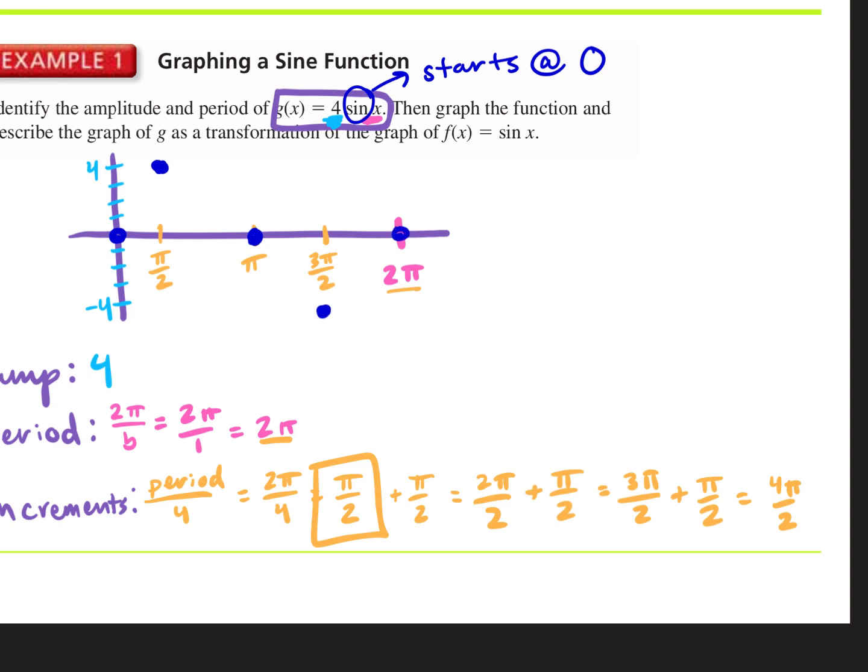So it just bounces in between the two amplitudes, but you can only go one place at a time. So we're going up to 4, back to 0, down to -4, back to 0. So it's just going to bounce in between the two. So this would be our sine curve.